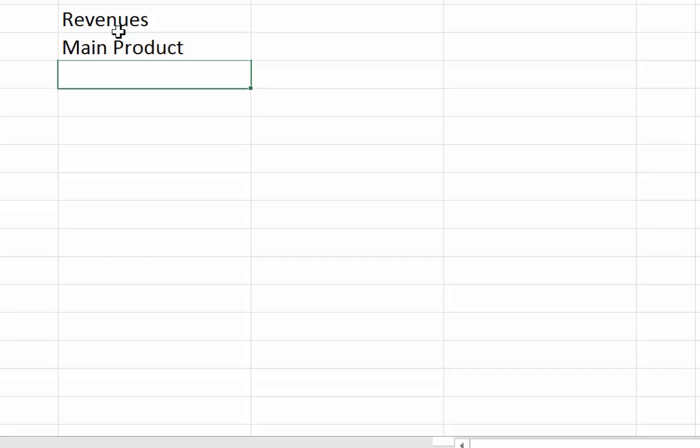So this is the production method, and this is the sales method. Maybe too big, let me make them a little bit smaller. Okay, perfect. Then we start with the revenues. For the revenues, you should think about one being a main product and one being a byproduct, right?